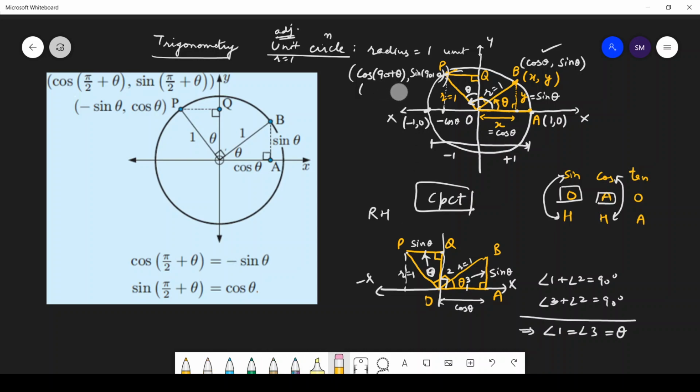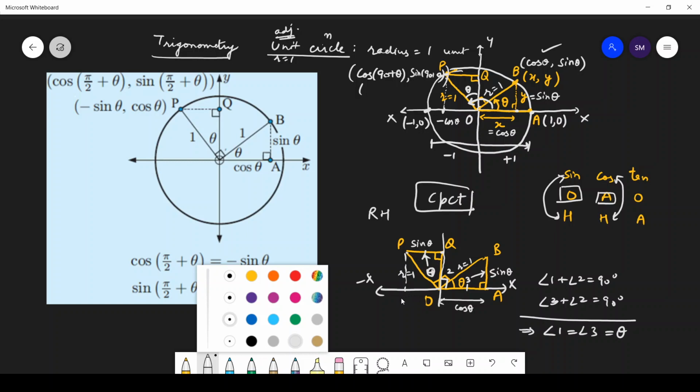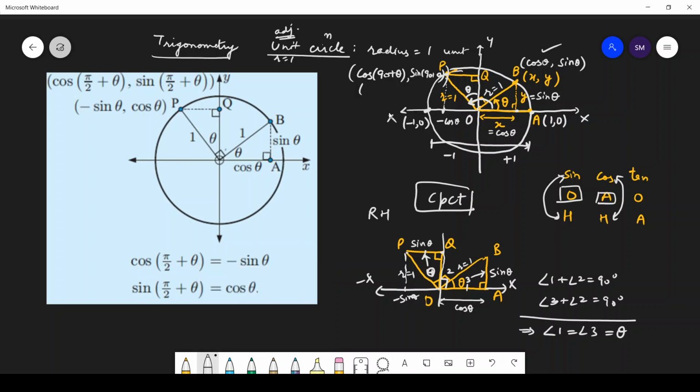This will not be minus cos theta, but this will be minus sine theta. And this side adjacent to theta will be this, so this side QO will be equal to OA. So QO remains in positive territory, positive y, and this was also positive.